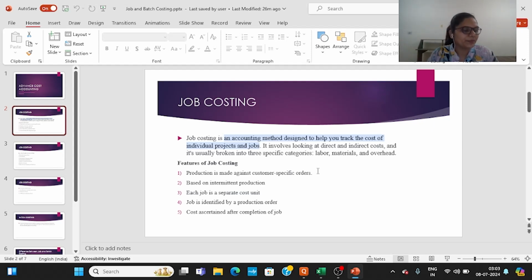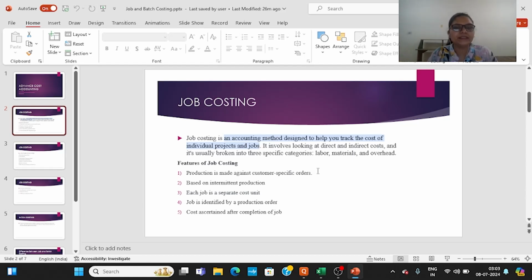Each job is a separate cost unit. Therefore, a separate job cost sheet is prepared for each job, against a specific order.